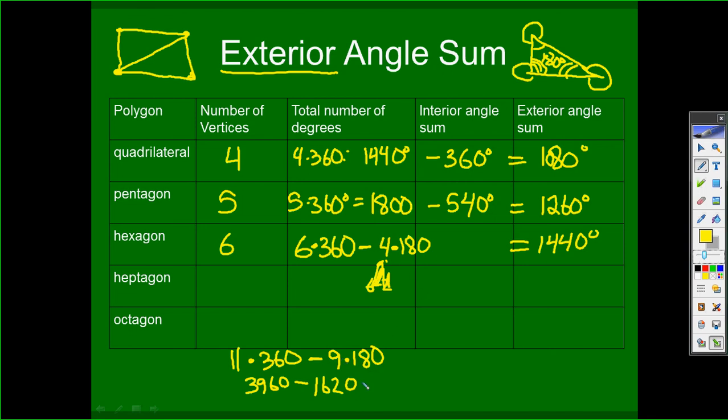And the total number of degrees on the outside of this undecagon is 2340 degrees. Again, the total number of degrees minus the interior number of degrees gives me the outside number of degrees.